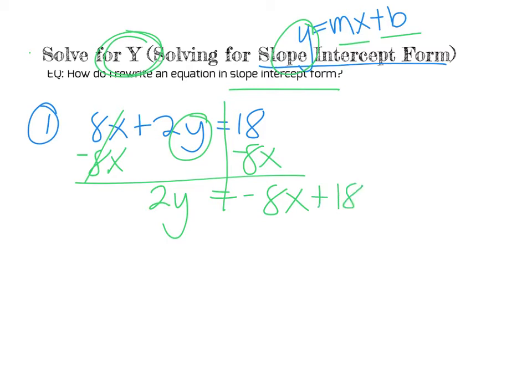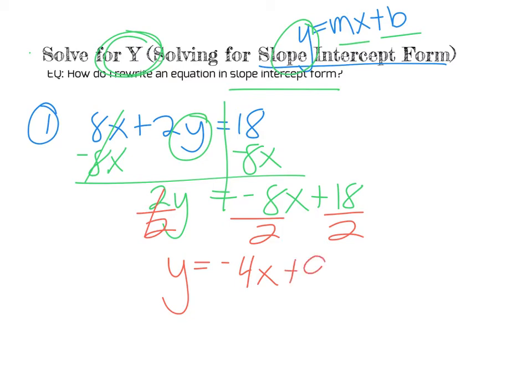At this point, you want to divide by 2 on everything. Notice I'm dividing every single term by 2. Make sure you simplify. Negative 8 divided by 2 is negative 4, bring down the x, and 18 divided by 2 is 9. Check if y is isolated. In this case it is. So you have solved this equation in slope-intercept form.